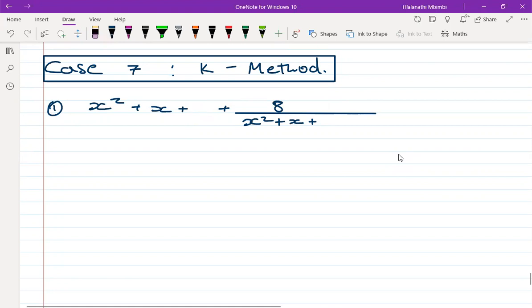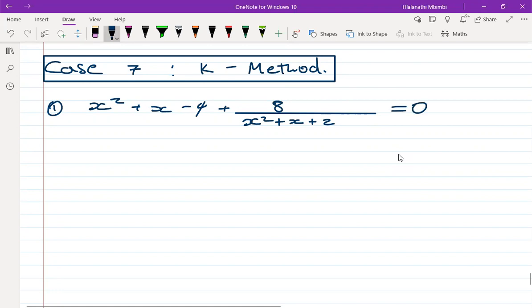We just do this, minus 2 and x plus 2 here. Okay, now look at that, and that is set equal to 0.